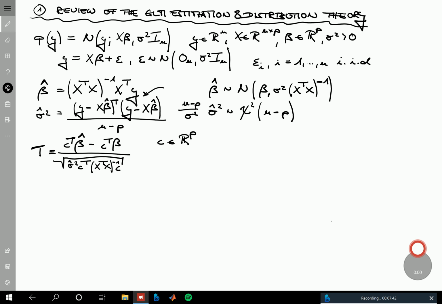And in the denominator we have the variance parameter estimator times the contrast weight vector times the inverse of the product of the design matrix with itself, times again the contrast weight vector, where we also notice that the sigma square hat times the inverse of the design matrix product with itself corresponds to the covariance of the beta parameter.